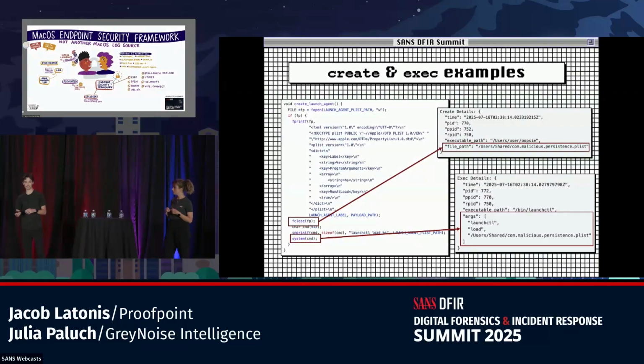And then the file path is the actual file that was written to disk. You'll also notice at the bottom left of the code block that we're calling a command via that system function. What we're doing is trying to use launchctl to load this plist so it always launches for persistence when it starts.